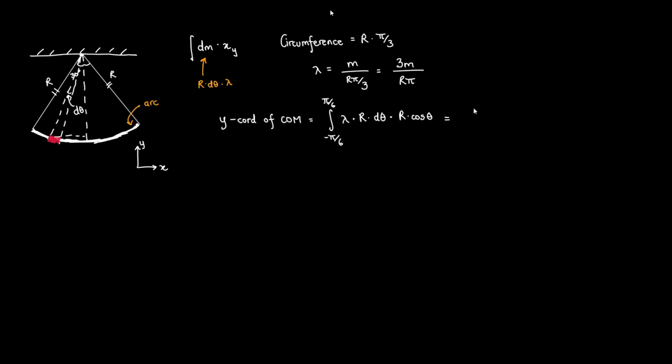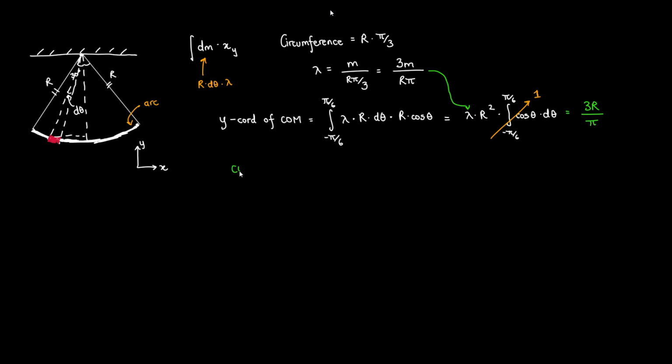Now taking the constants outside, this will be equal to lambda into r square into integral of minus pi by 6 to pi by 6 of cos theta into d theta. Now if we calculate the integral of cos theta from minus pi by 6 to pi by 6, it comes out to be 1. So the y coordinate of center of mass will be equal to lambda into r square. We'll put lambda from here into this equation, and that will become 3r by pi.